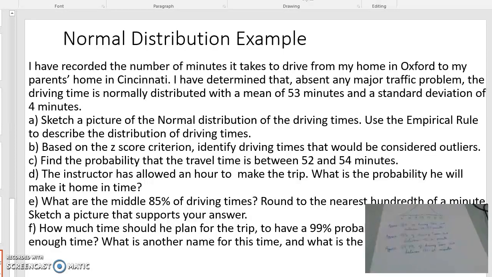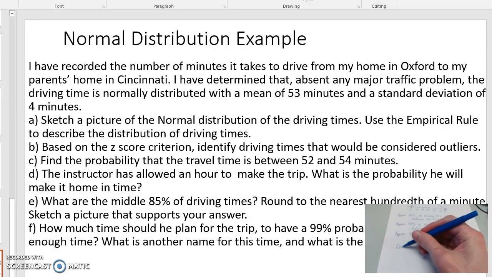Next part, based on the Z-score criterion, identify driving times considered outliers. So the Z-score criterion tells us that any observation with a Z-score either above +3 or below -3 we call an outlier. And it actually corresponds to the last values that I indicated, the extreme values that I indicated on my graph.